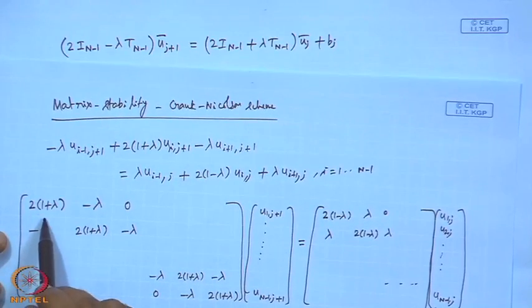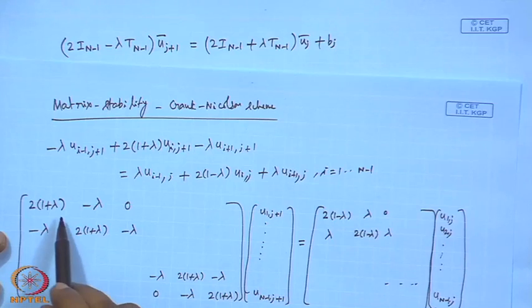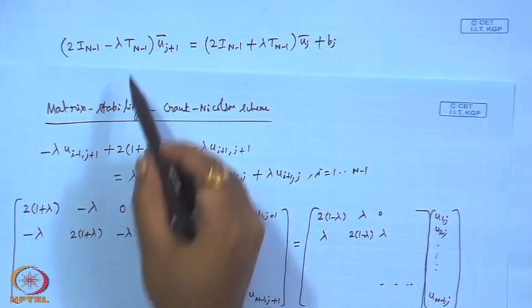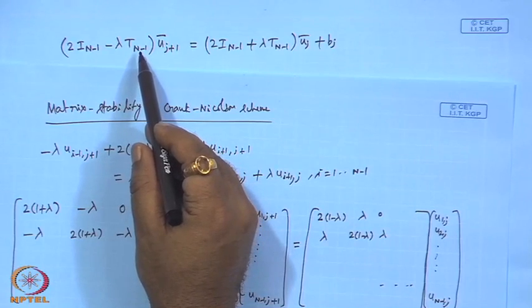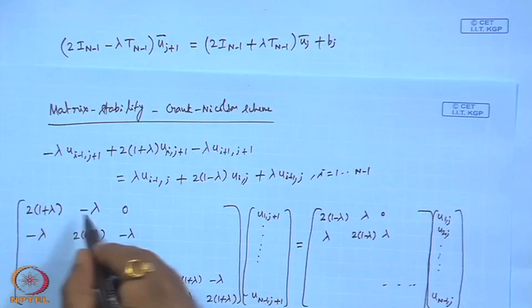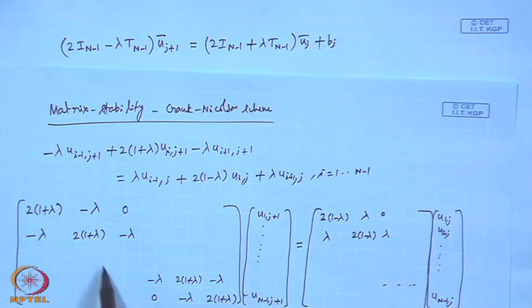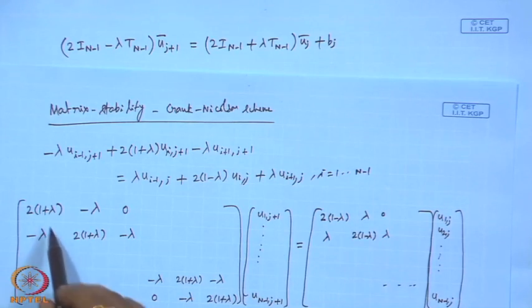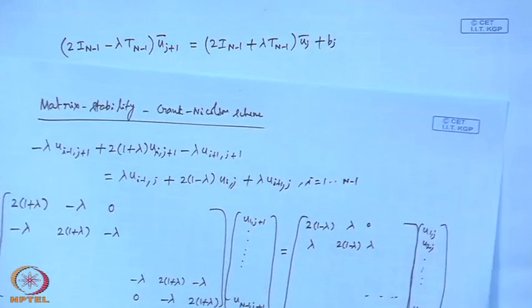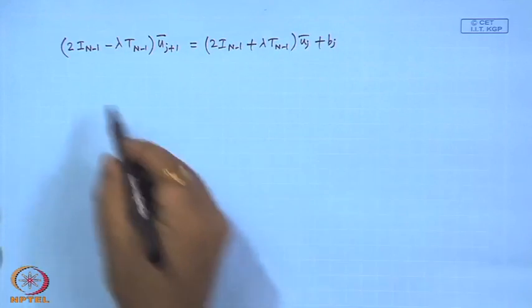One is 2 times the identity matrix, because everywhere you have 1 1 1. Then the other one is lambda times this term. So, we have split it into two different matrices. So, accordingly 2 times identity matrix, the other one is T n minus 1. So, we get this.